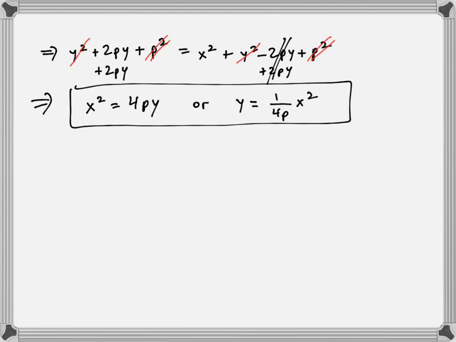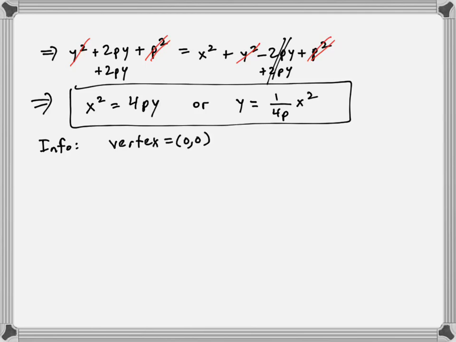Now there's something important to note: this is only one type of parabola. We made an assumption that it opened up, and so I want to be more specific here. When you have this parabola, here is the info about it. The vertex is (0, 0).